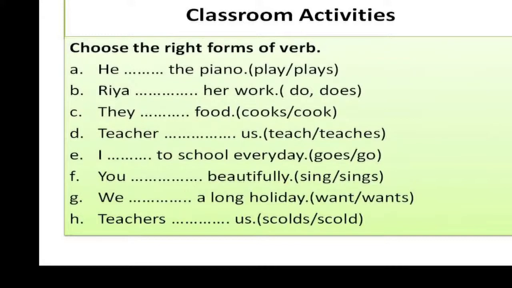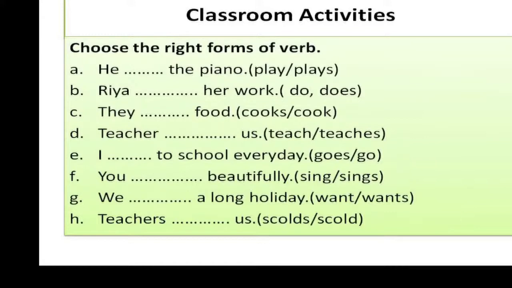Obviously the second one has got S, so that is verb 5. Now in the second step, what you have to do? You have to identify whether the subject is singular or plural. He is singular or plural? He is singular. Now think, where are we going to use verb 1 and verb 5? I just gave you a clue.